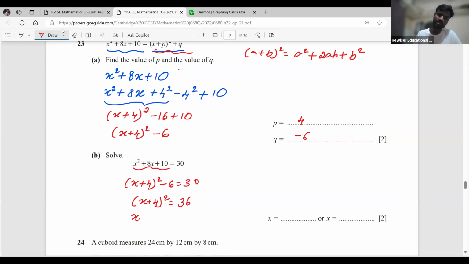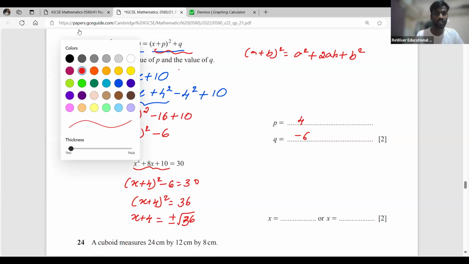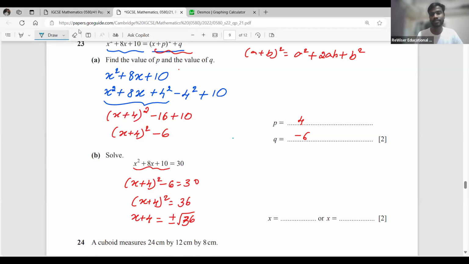When I take the square to the other side, it becomes plus or minus square root of 36. Whenever the square goes to the other side, it always becomes plus or minus. So x plus 4 is equal to plus or minus 6 because root 36 is just 6.